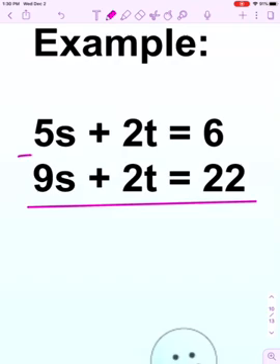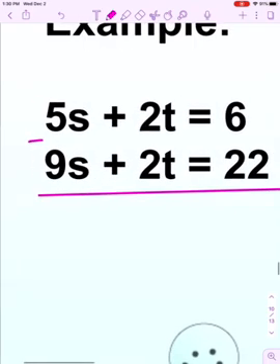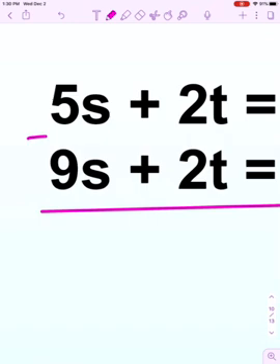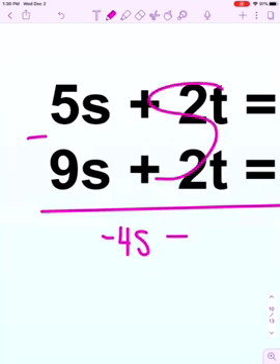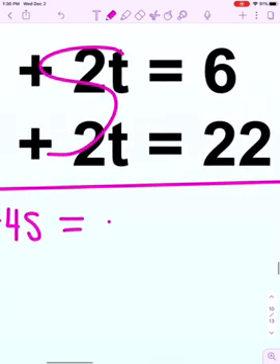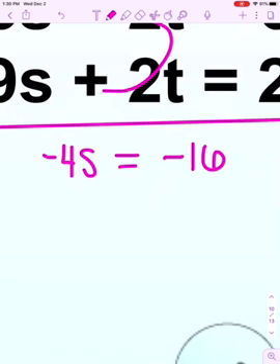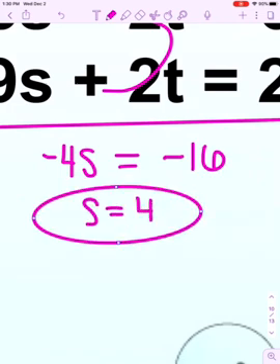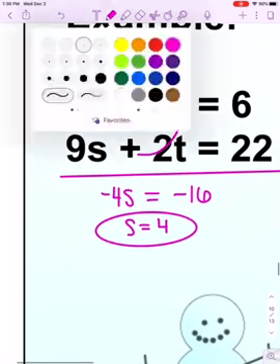So in order to do that, I'm going to have to subtract everything. 5s minus 9s is a negative 4s. 2t minus 2t cancels. That's the goal. Equals 6 minus 22 is a negative 16. Then we just divide by negative 4. Negative 16 divided by negative 4 is positive 4.